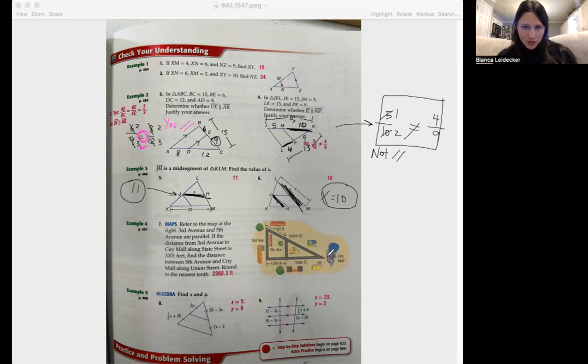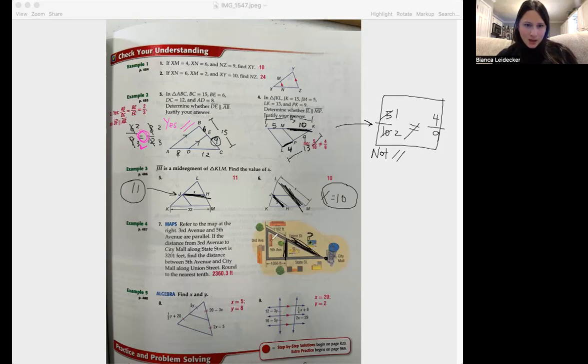So where is City Mall? City Mall is right here. 5th Avenue is right here. And we're trying to find the distance along Union Street. So this is what we're looking for. Question mark right here.